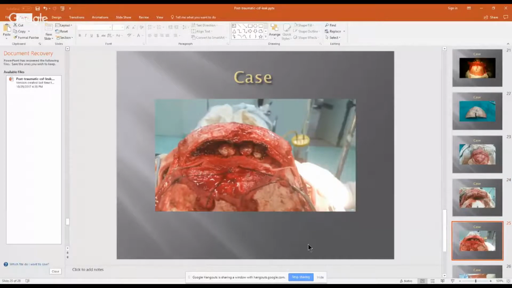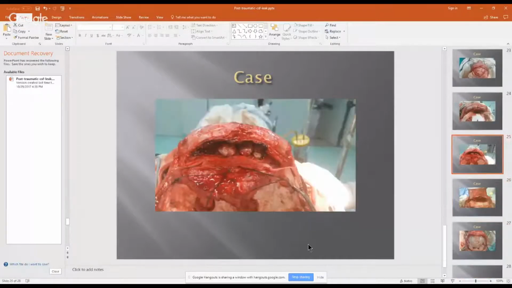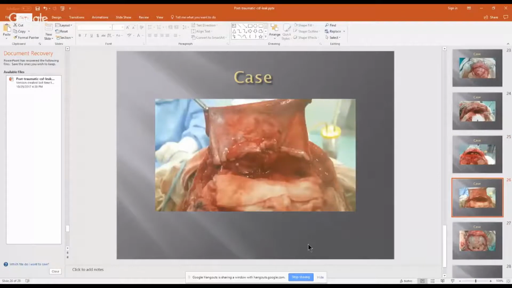As we see, repair of the frontal sinus was done. The pericranium was sutured, closing and separating the cranialized frontal sinus from the remaining cranial cavity.